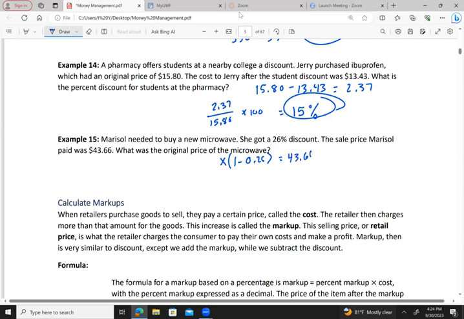So this is X times 0.74 equals 43.66. So X equals 43.66 divided by 0.74. And that gives me a $59 original price.